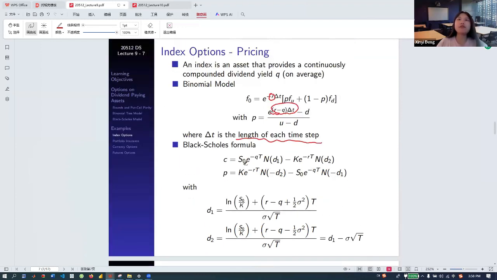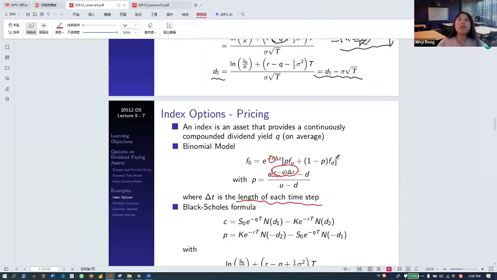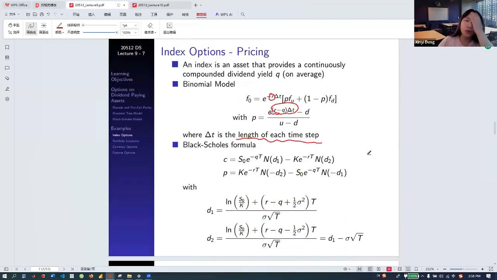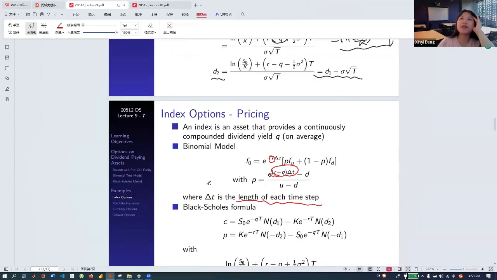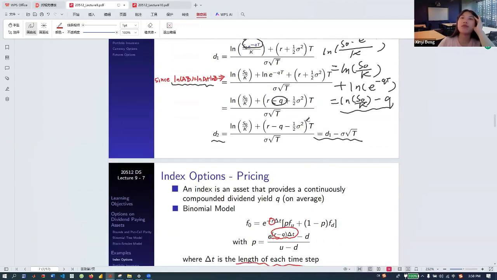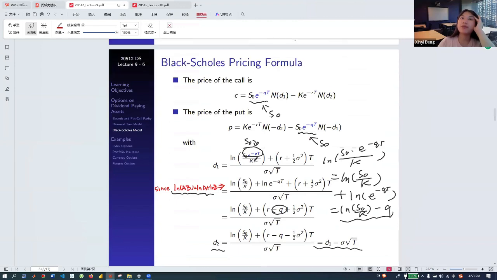And for the Black-Scholes formula, since index options approximately have a continuous dividend yield, we just stick to the general formula we derived in the previous page, with q.